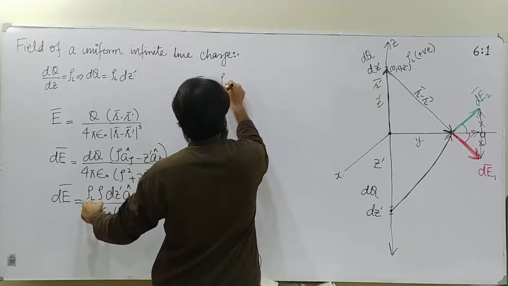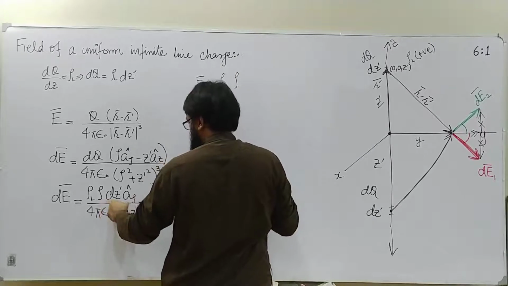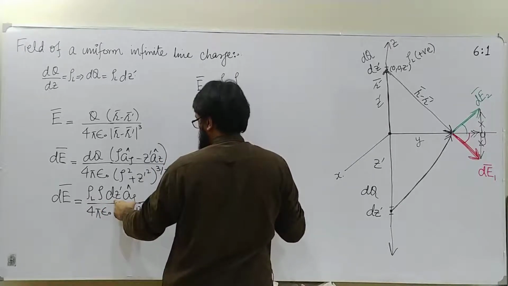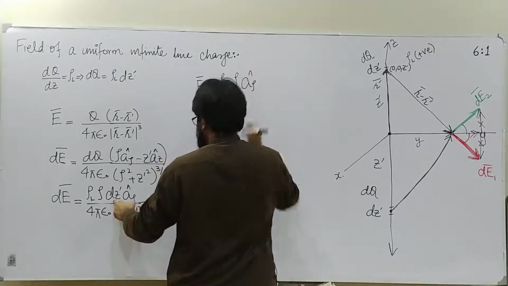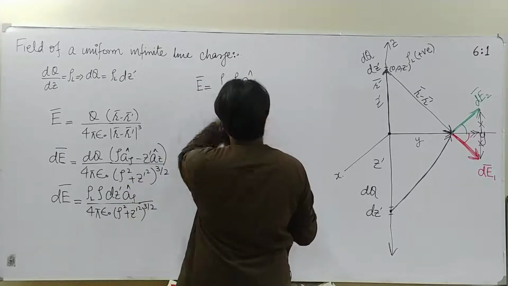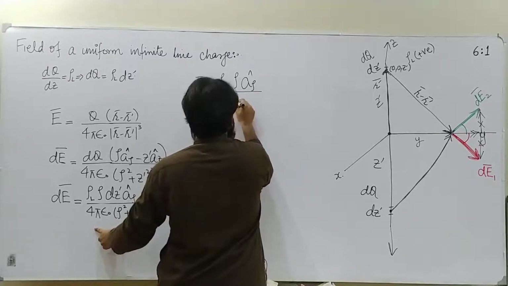So rho l is a constant line charge density, rho is a constant because we are integrating with respect to dz, and this unit vector a rho is constant, divided by 4 pi epsilon naught.